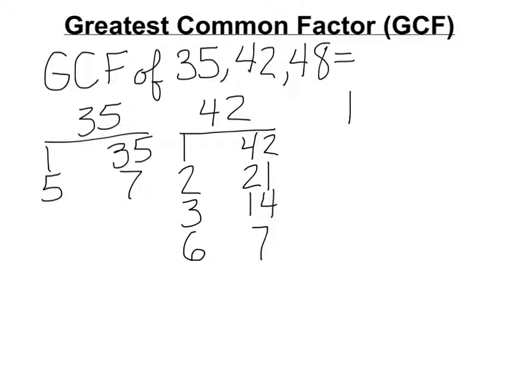Finally, the factors of 48. 1 and 48. 2, I know because it's even. 2 goes into 4 twice, 2 goes into 8 4 times. 3, well again, I know that 3 goes into 24 8 times, so 3 must go into 48, which is twice as big, twice as many times.